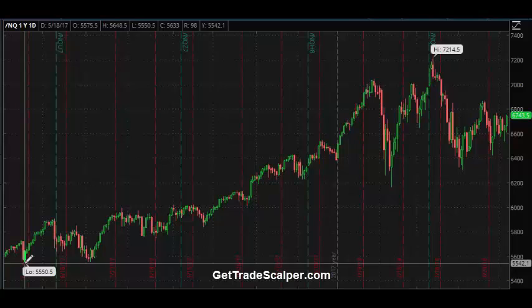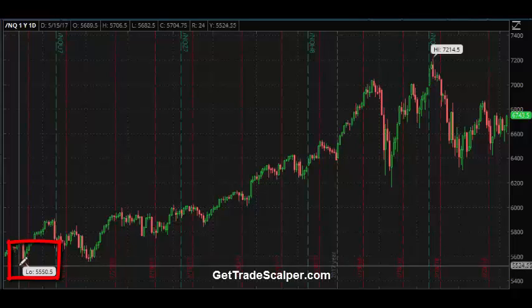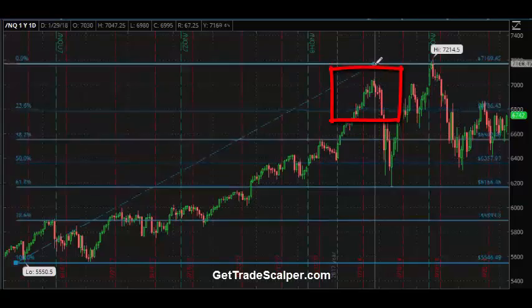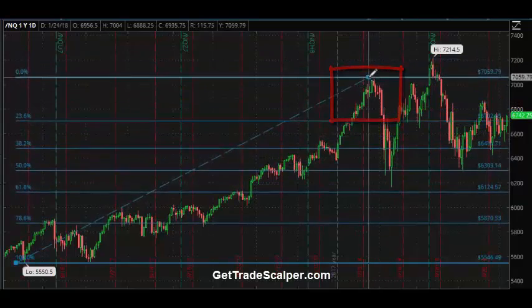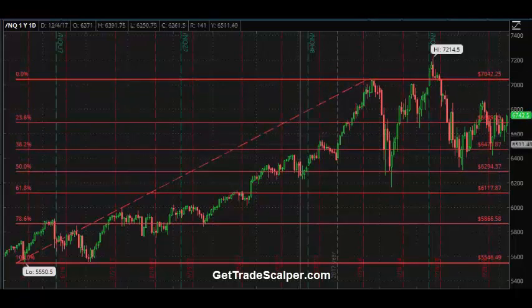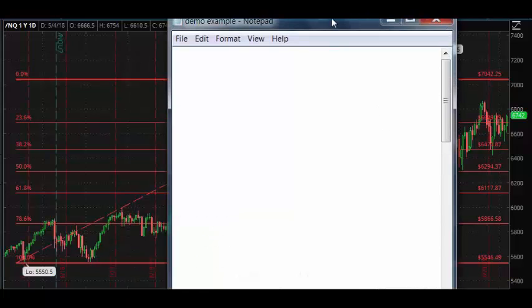Now, we'll grab a significant low point either here or here. Let's see here. We'll go ahead and grab it here because this is a bit lower. So grab it there, and we have the high right here.